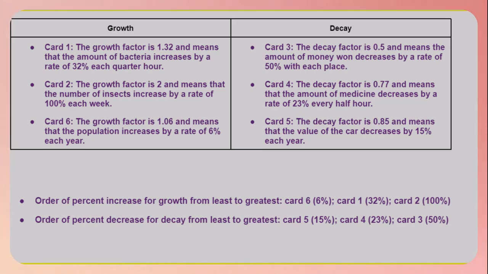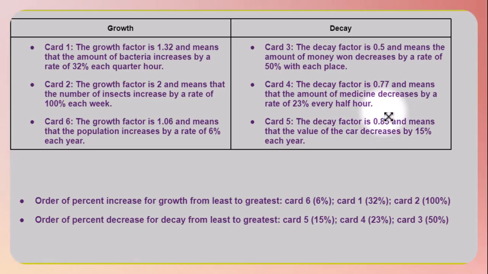And then card 5, the decay factor is 85% or 85 hundredths, however you want to read that. So that's how much is remaining. If you're asked what the decay factor is, this is what you'll give as the decay factor.